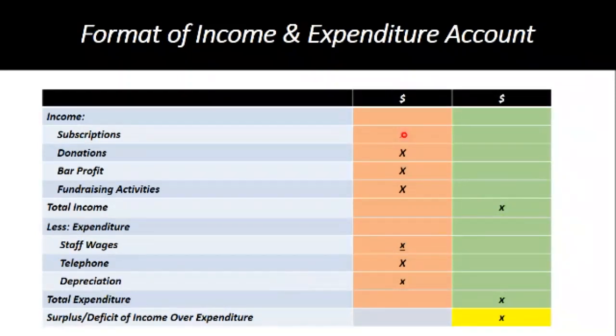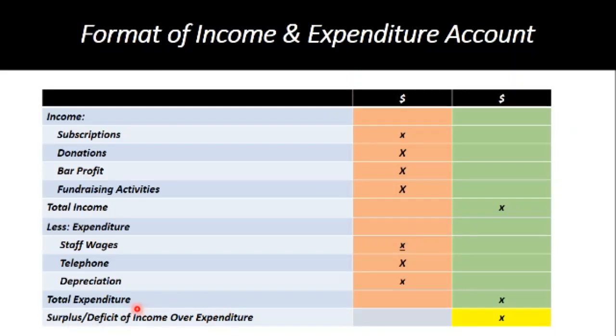So we total our income, we total the expenditure, we just minus the two, right? If the income is greater than the expenditure here, we will get a surplus. If the expenditure, however, is greater than the income, you will get a deficit of income over expenditure, right?